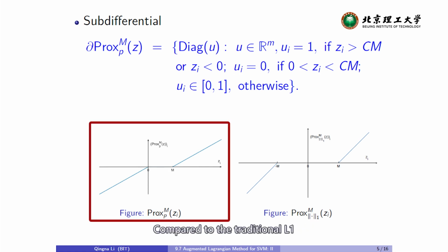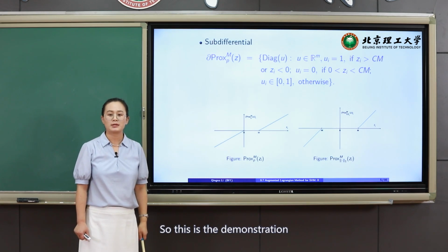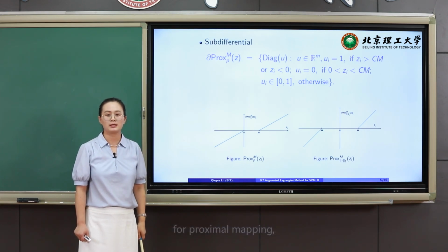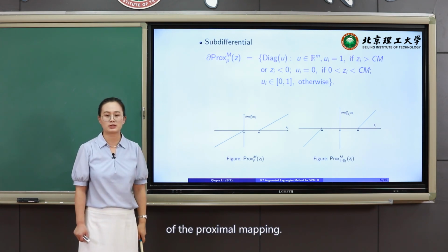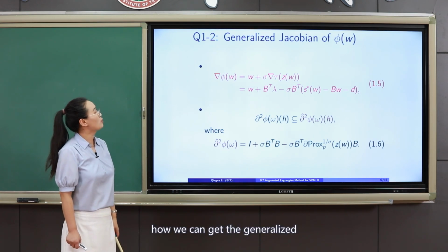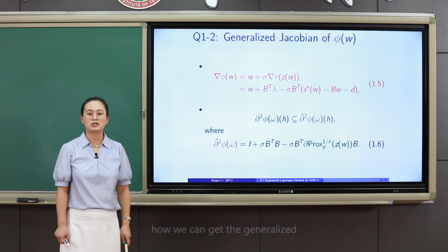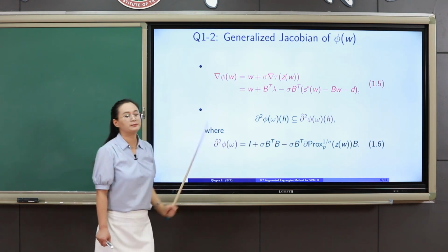Compared to the traditional L1 norm proximal mapping, it is a kind of shift of the L1 mapping to this one, okay? So this is the demonstration of the proximal mapping as well as how we derive the subdifferential of the proximal mapping.